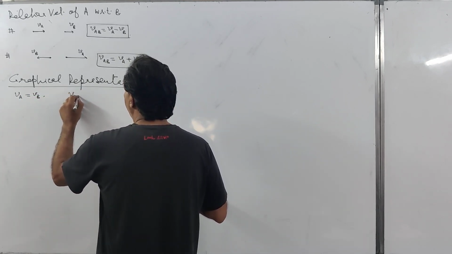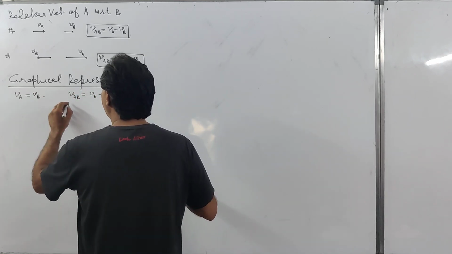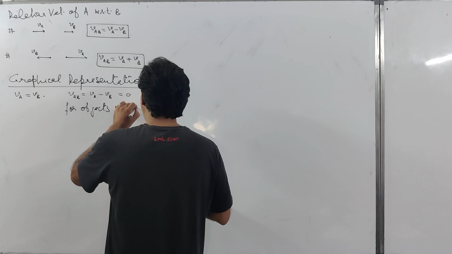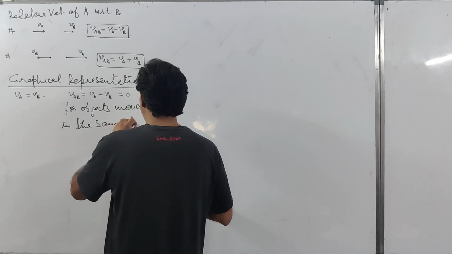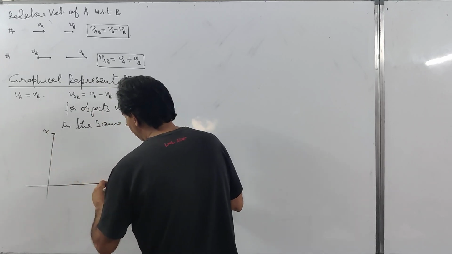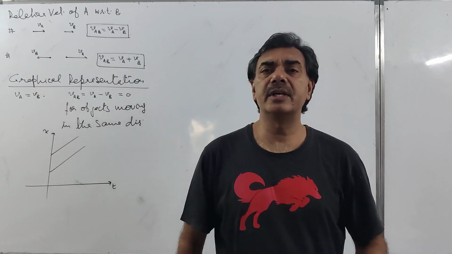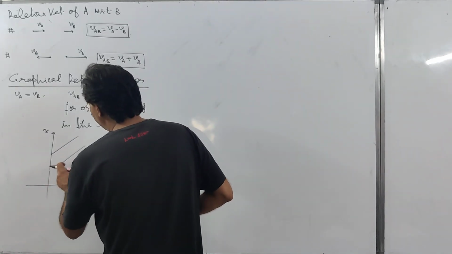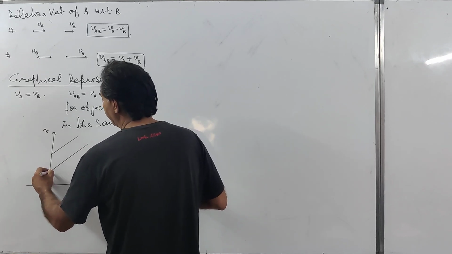So VAB, VA minus VB equal to 0 for objects moving in the same direction. Position, time. As their velocities are the same, their slopes are going to be the same.